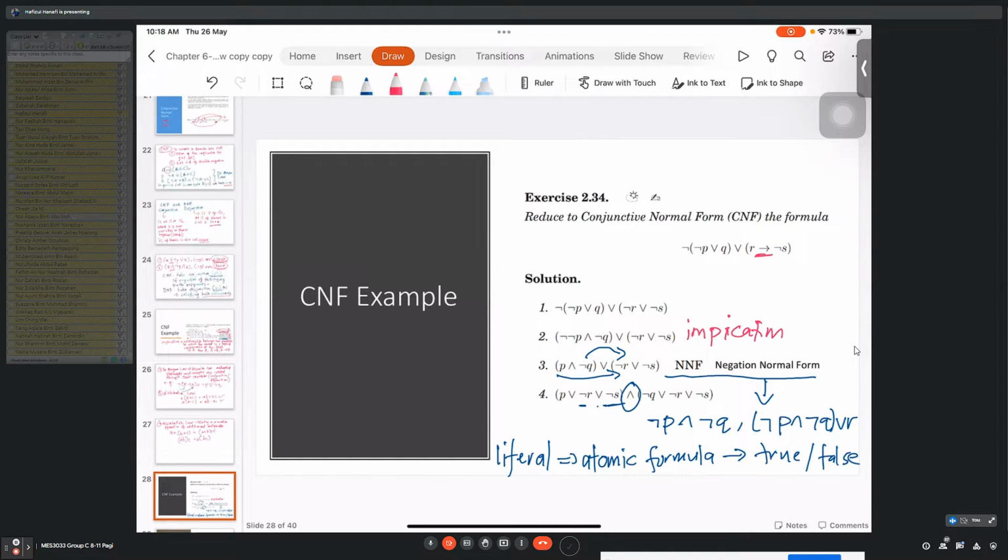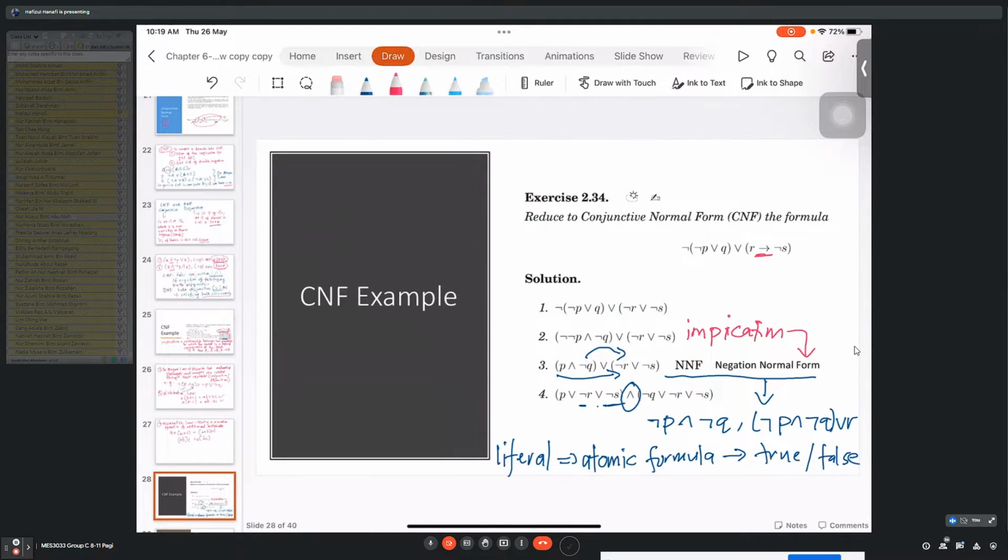Okay, normally when you put the negation normal form, it is eliminating the double negation. Kita nak eliminate ni kita kena gunakan NNF, because we need to eliminate the double negation. And then after that we use the distributive law, here, number 3.